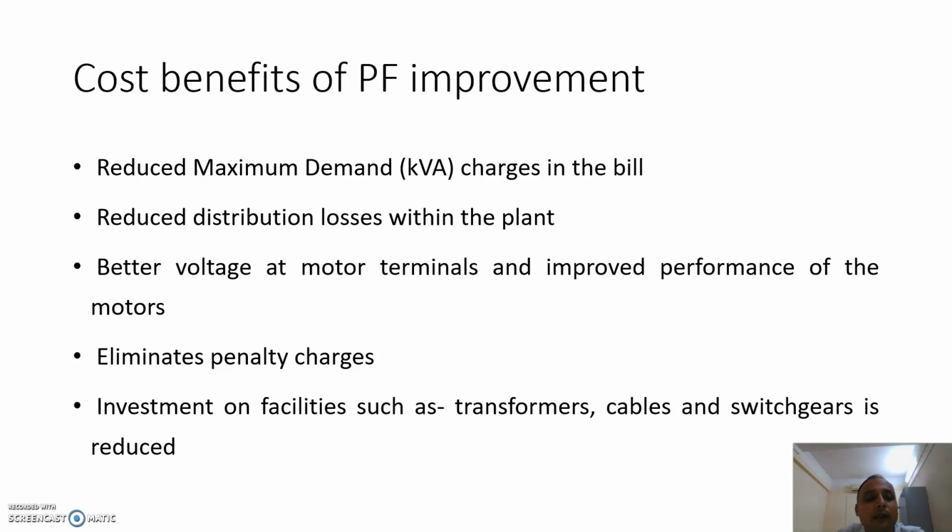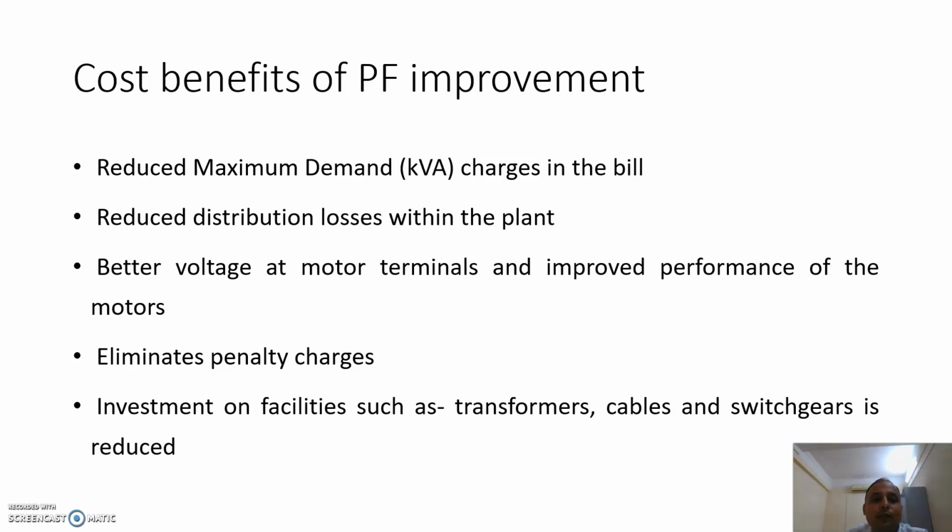It leads to improvement in the performance of the motors as well. It also helps in eliminating penalty charges, because if the power factor value gets reduced below a certain level, that leads to penalty. The utility will charge a penalty on the industry or the consumer whose power factor is maintained at a low value.